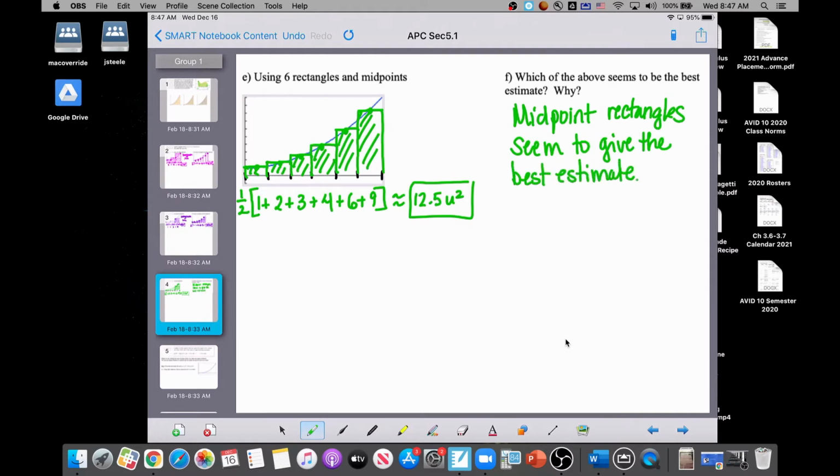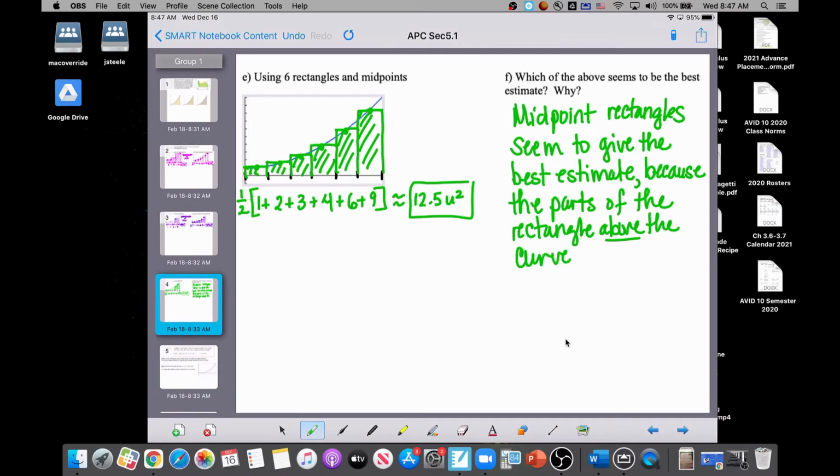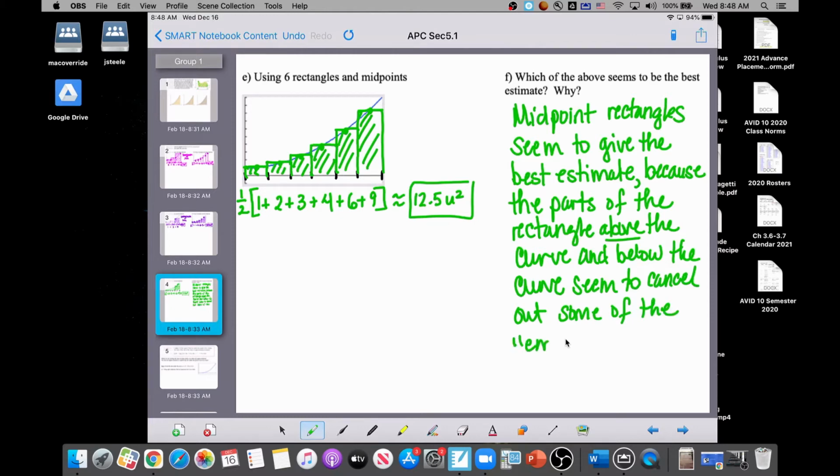And this is because the parts of the rectangle above the curve and below the curve seem to cancel out some of the error in the area.